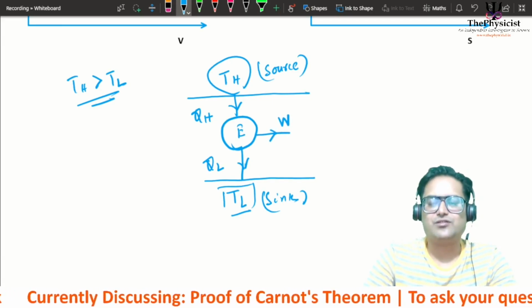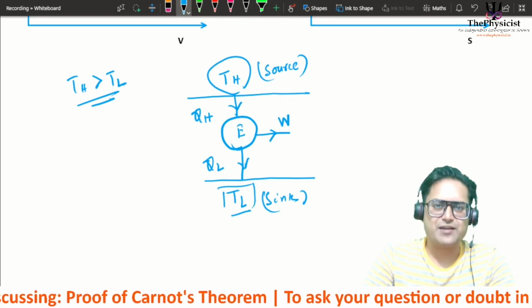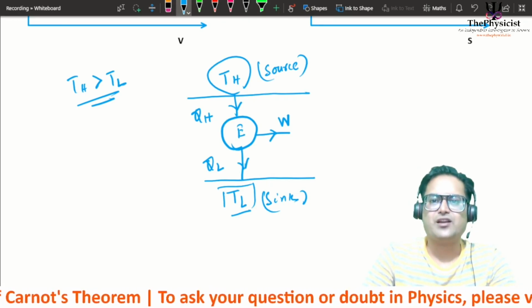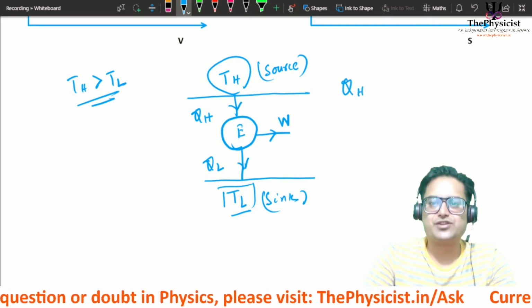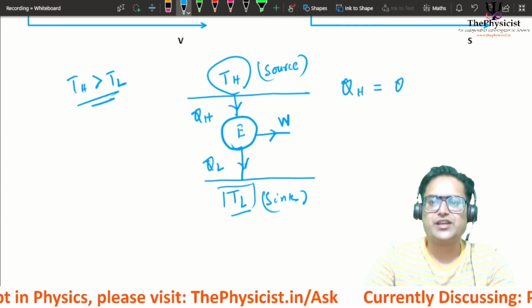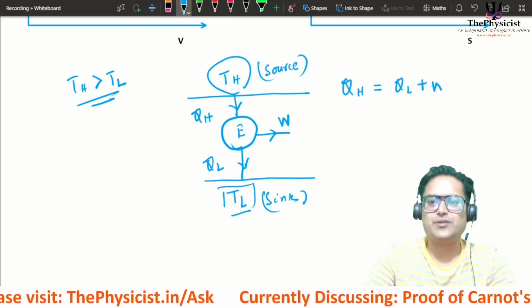And we know by the first law of thermodynamics in a modified form, which is basically the conservation of energy principle, QH is equal to QL plus W.